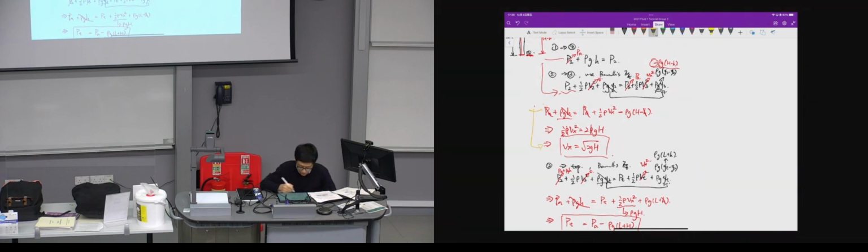So we first use P1 plus rho g h equals P2. This gives us P2 for the second equation. So we replace P2. Also, we know that velocity at point 2 is 0, so we don't have the dynamic pressure there.